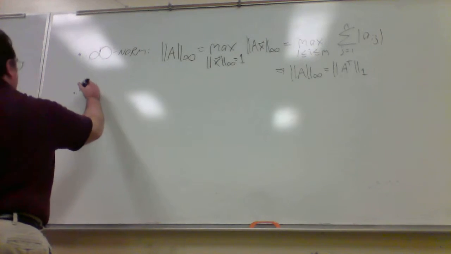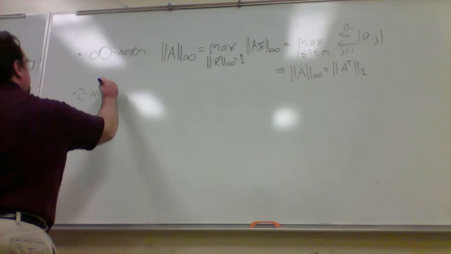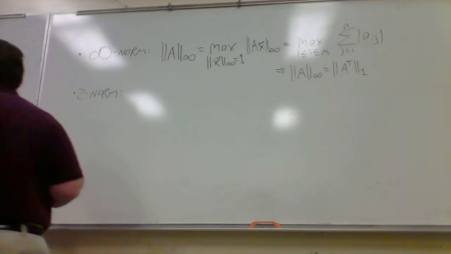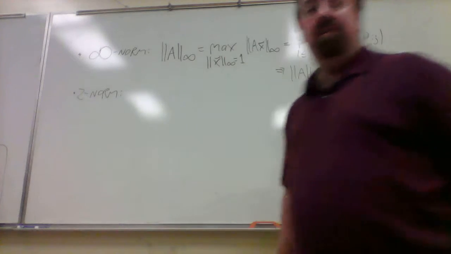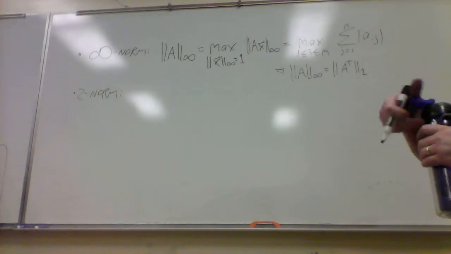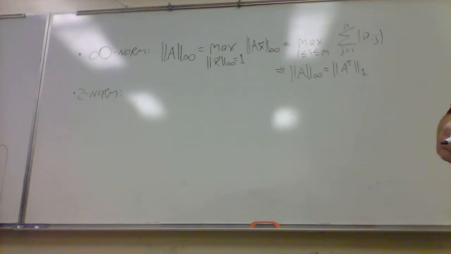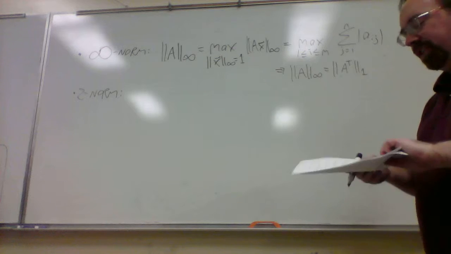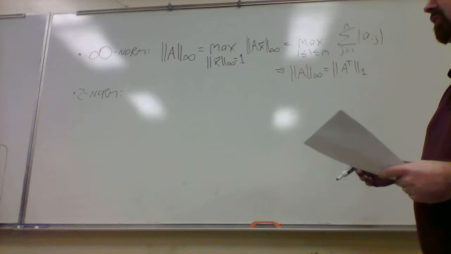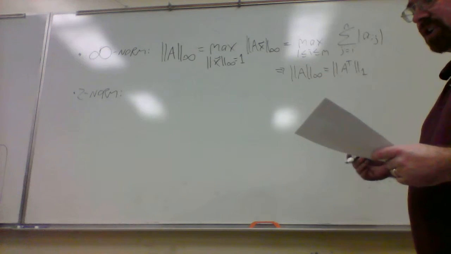Okay, next norm is the 2 norm. Now, unfortunately, the 2 norm is much more difficult to compute for a specific matrix than the 1 norm and infinity norm. There's not a simple formula, but I can give you some expression for it.